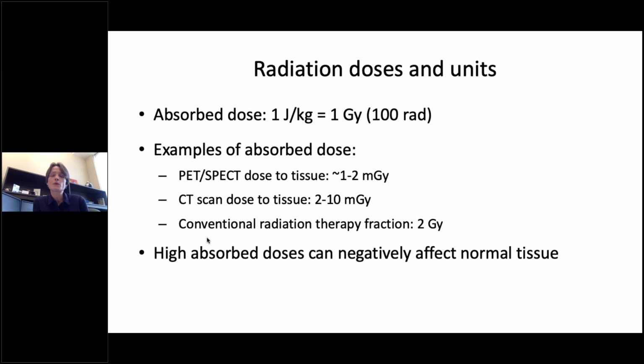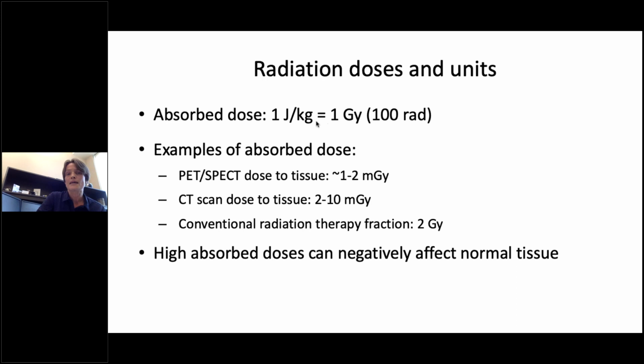So first off, to put everything in perspective, you already heard from Dr. Fisher on radiation doses. An absorbed dose that we often indicate in gray. Now we do that because when tissue is exposed to ionizing radiation, what the radiation does is it actually transfers some or all of its energy into the tissue.